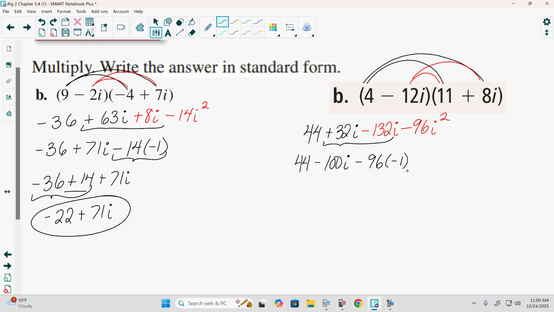We need to simplify it because we can't leave it as i squared. i squared is negative 1, giving us negative 96 times negative 1, which is going to become positive 96. So I'm going to move it over next to the like term of 44. 44 plus 96 is going to be 140 minus 100i.